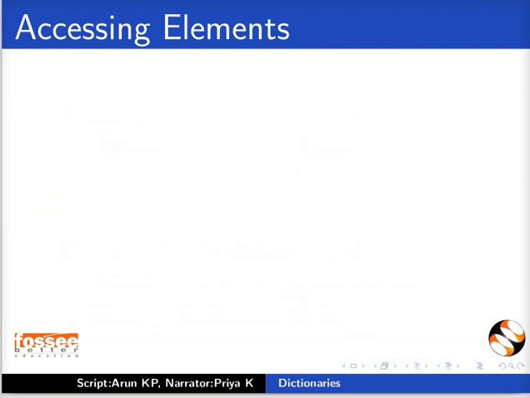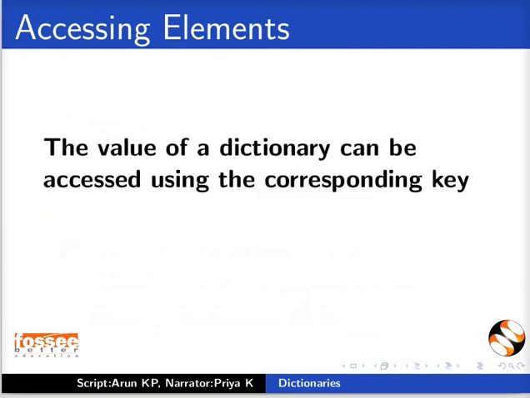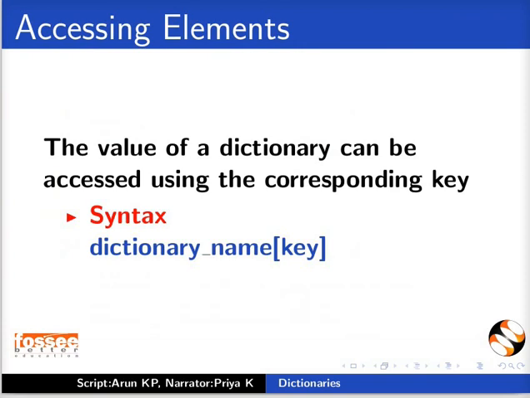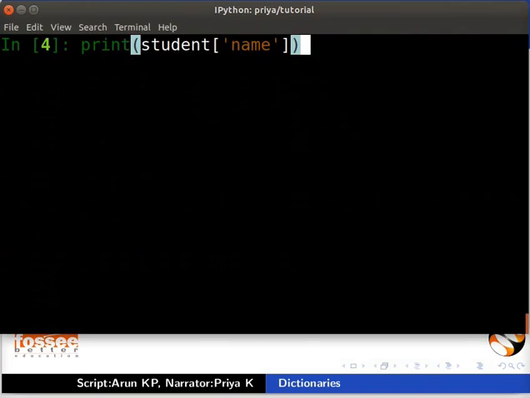Next, let us learn to access the dictionary elements. The value of a dictionary can be accessed using the corresponding key. The syntax is dictionary_name inside square brackets key. Now let us access the value for the key name. Type print inside brackets student inside square brackets inside single quotes name.